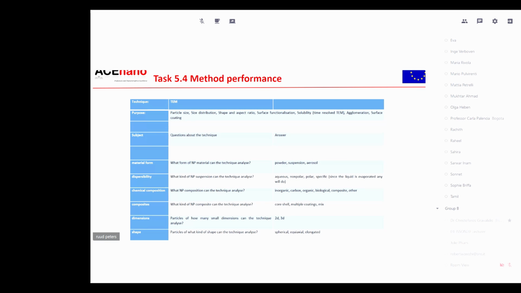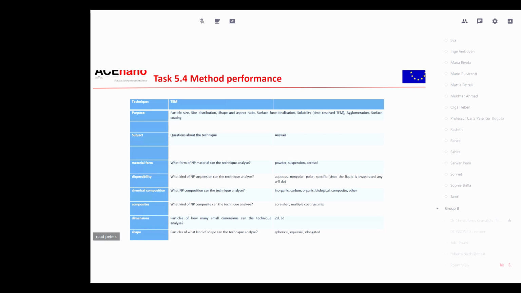As an example, I have a table here of transmission electron microscopy. This is what the information looked like. And so this is transmission electron microscopy, and as you can see, it can handle all the materials, so powder, suspension, and aerosol.